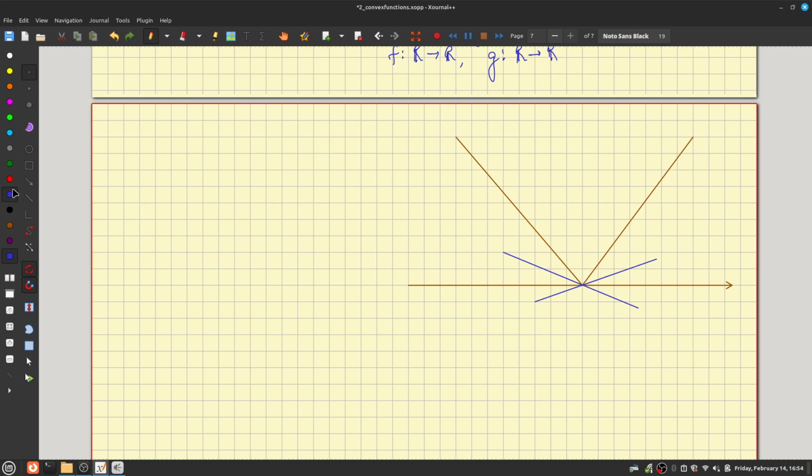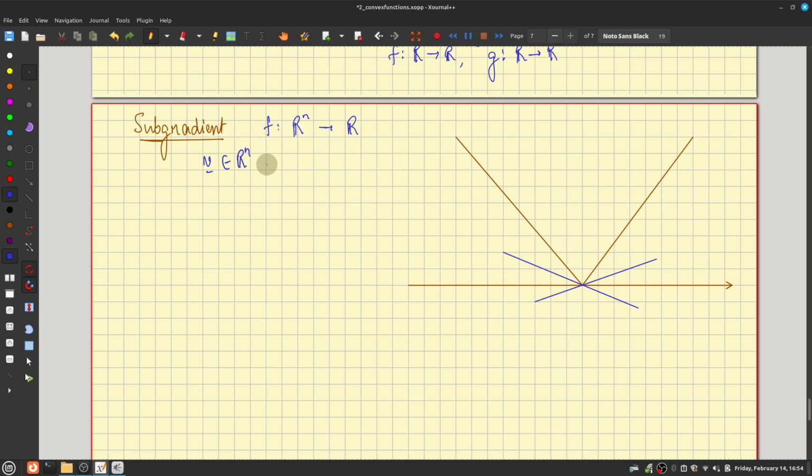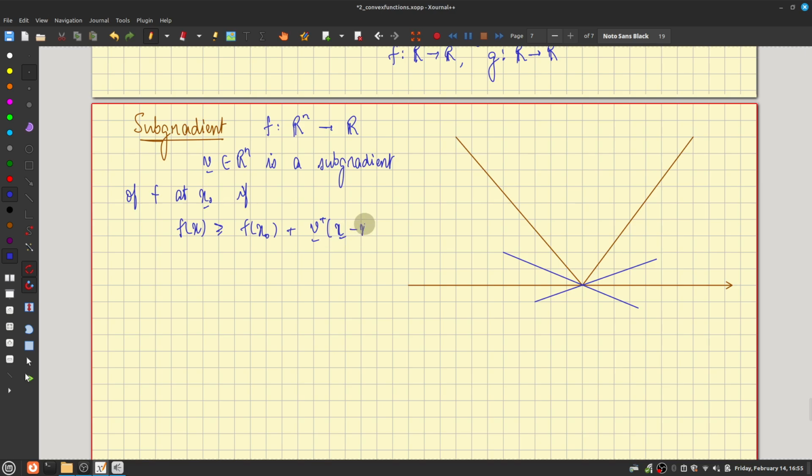I'll define this notion of a subgradient. Suppose I have a function from Rn to R. We'll say that a vector v in Rn is a subgradient of f at some point x0 if f of x is greater than or equal to f of x0 plus v transpose times x minus x0.